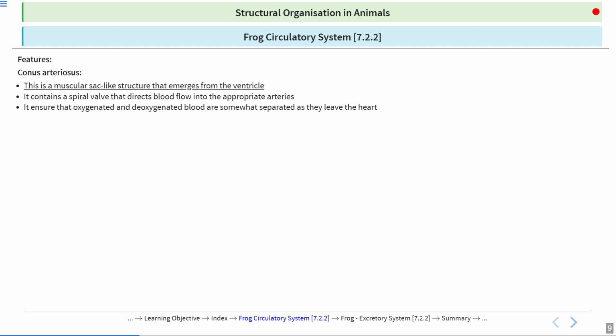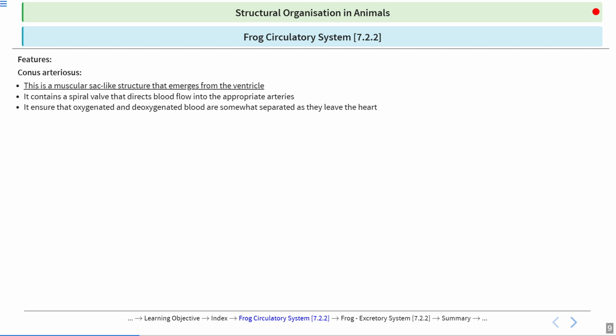These valve-like structures do not allow the blood to flow back. Once the valves are closed, the blood cannot go back, right? The blood should go to the appropriate artery, and for that they have the spiral valve-like structure.